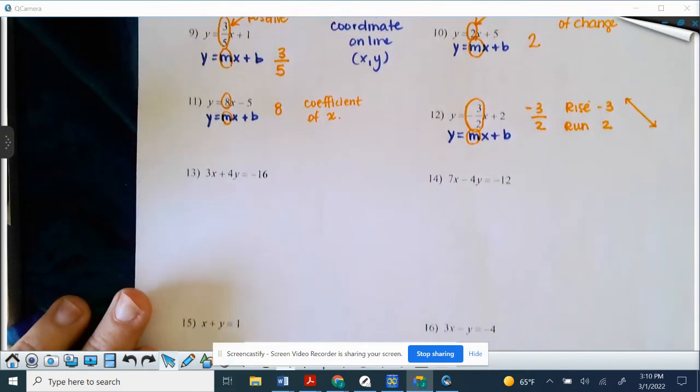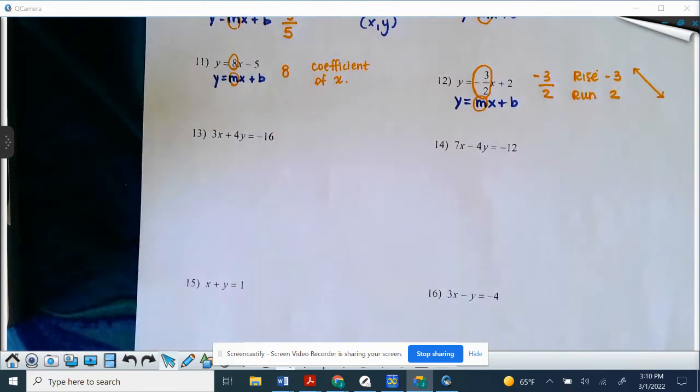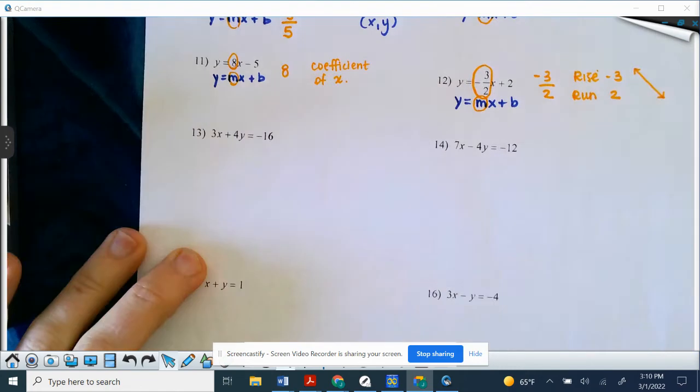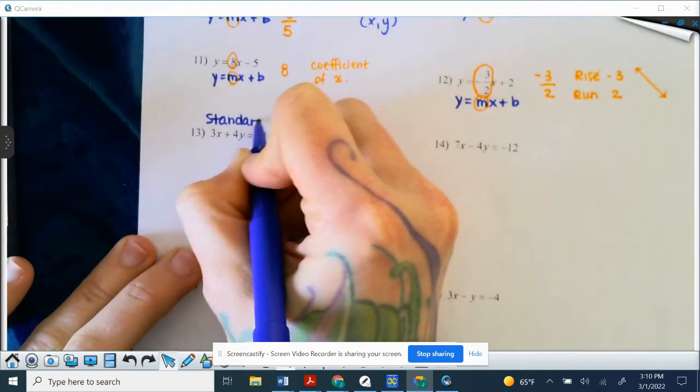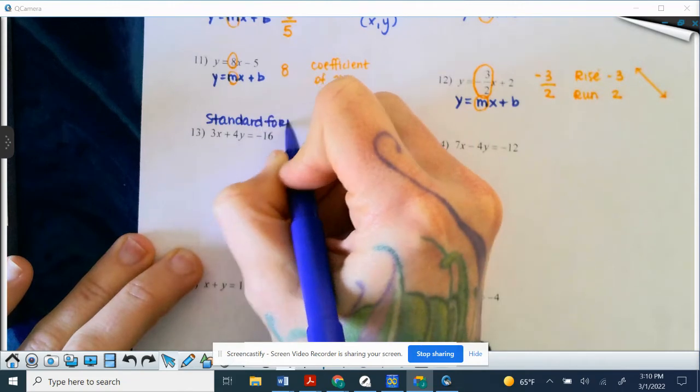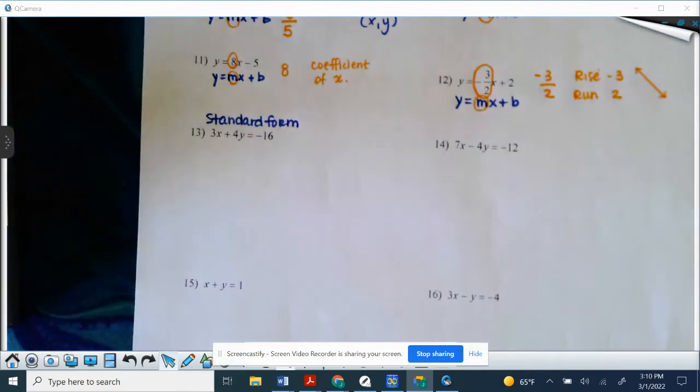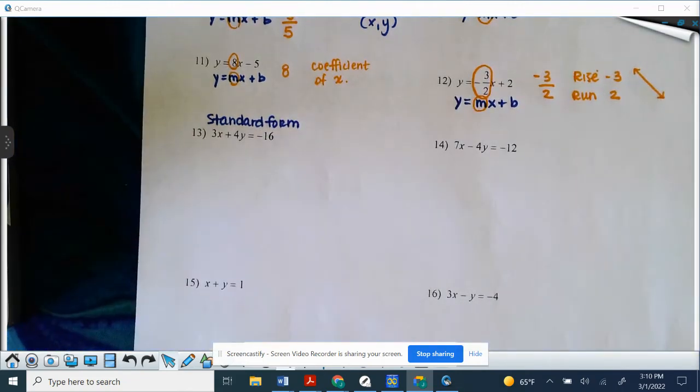All right, so this is standard form, where x and y are on the same side. For math 1, except for systems and solving by elimination, literally standard form does not help you do very much.